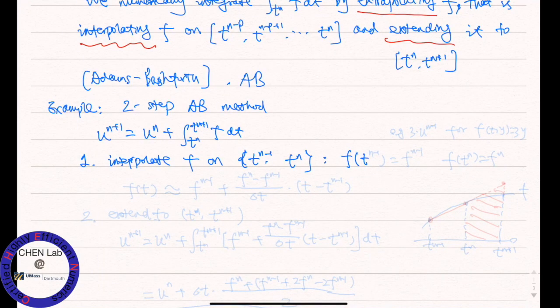Let's go slowly here. We know that when you give me t_{n-1}, we have f_{n-1}, which is what? If your f is 3y, for example, then f at t_{n-1} is 3 times u_{n-1}. You know the value.